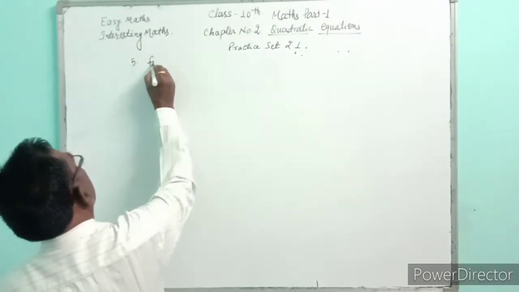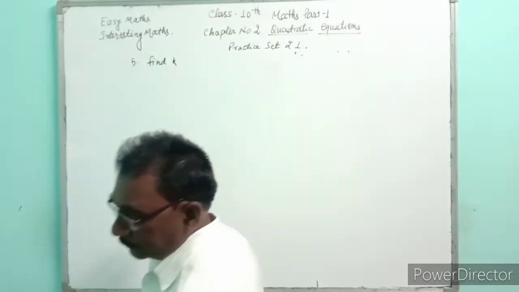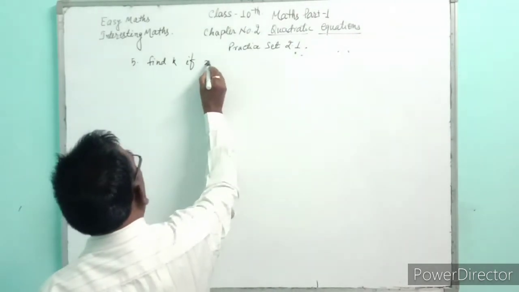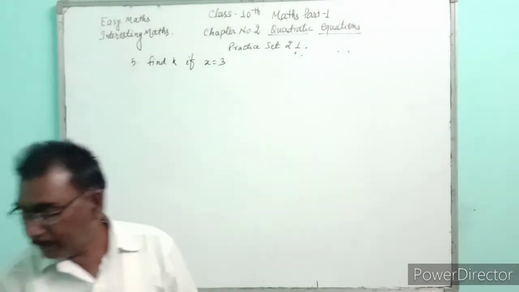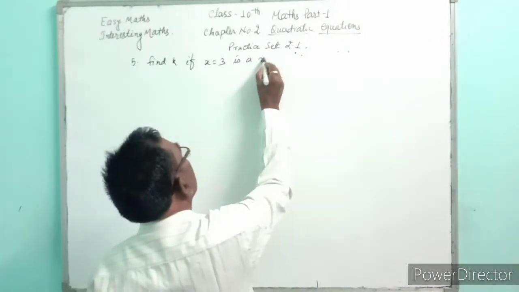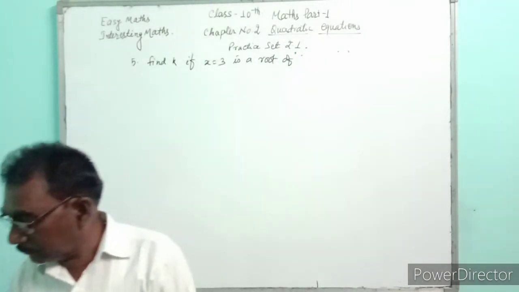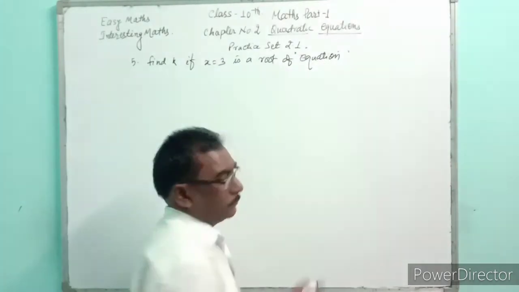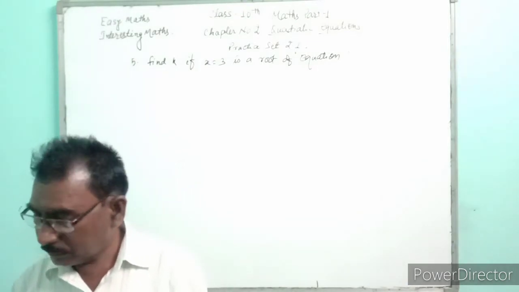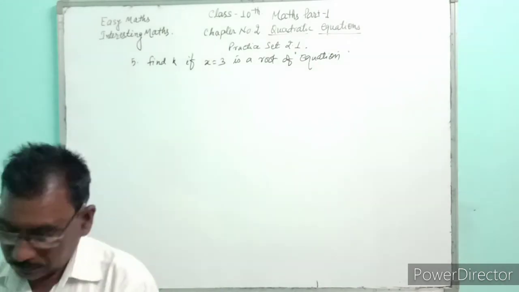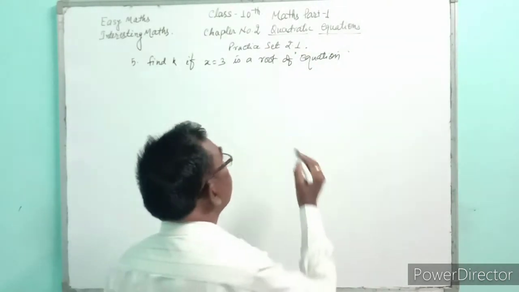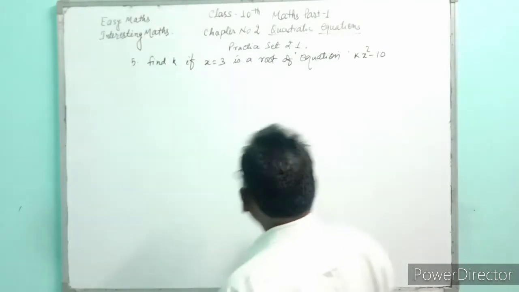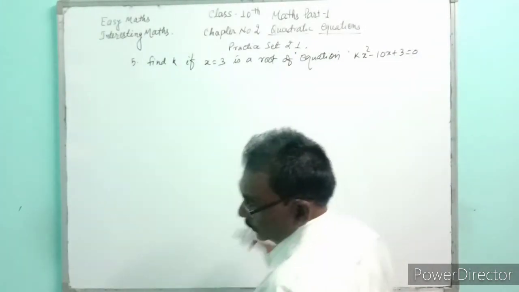Question number 5. Find k if x equal to 3 is a root of the equation kx square minus 10x plus 3 equal to 0.